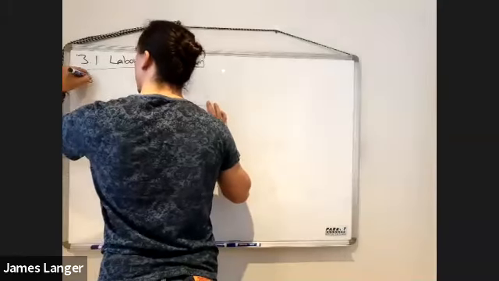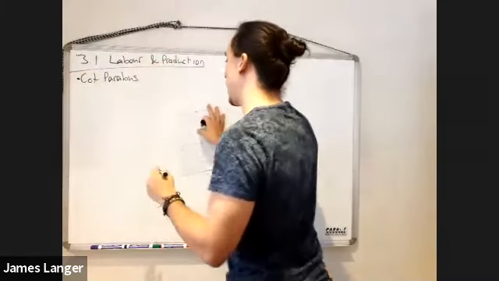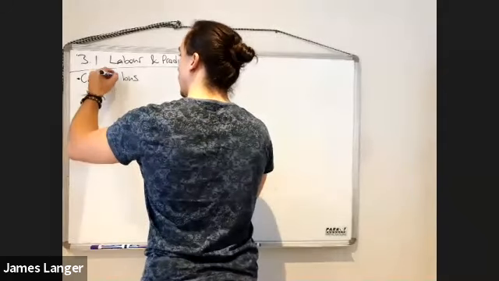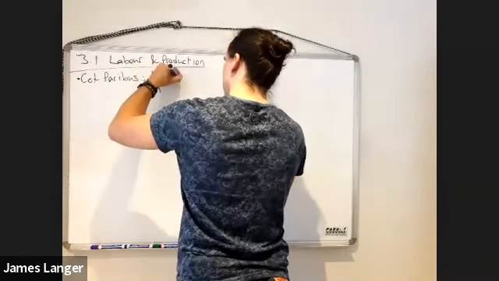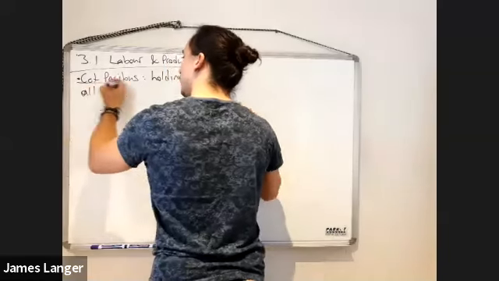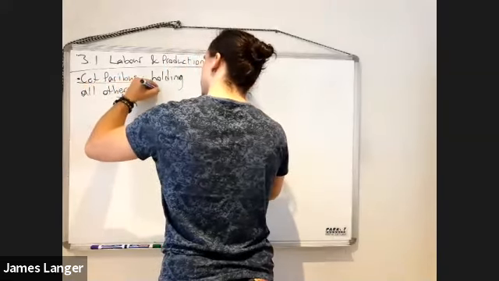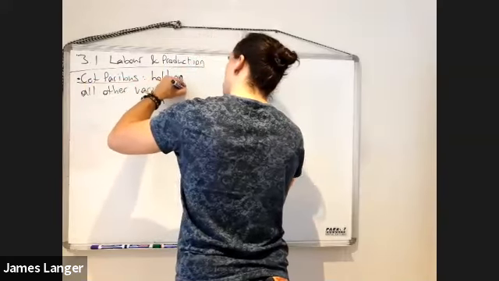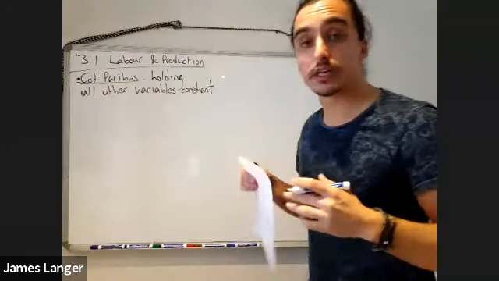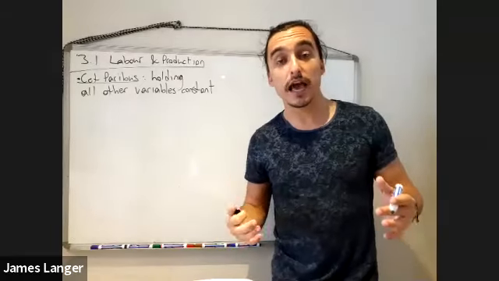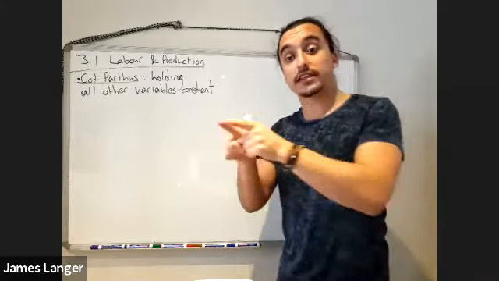The first thing I want to make sure everyone understands is this idea of ceteris paribus. Ceteris paribus means holding all other variables constant. In economics, we're very interested in learning about the different dynamics that exist, in other words, how does one variable affect another variable?